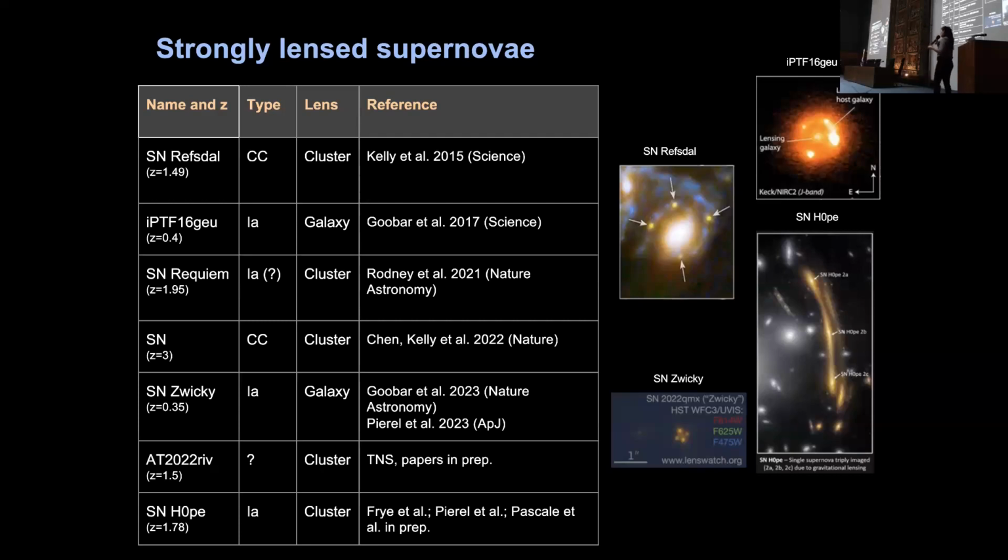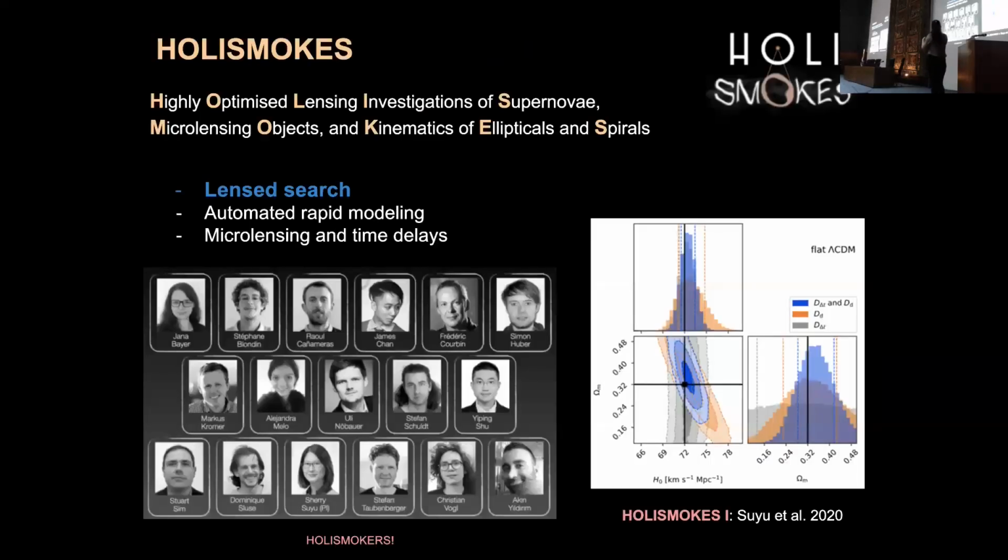And given this boom of these systems, the H0LiCOW project was created, to obtain H0 from strongly lensed supernovae. So what they do in Holismokes is use time delay cosmography with lensed supernovae to try to obtain H0.